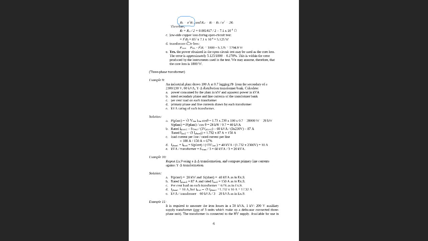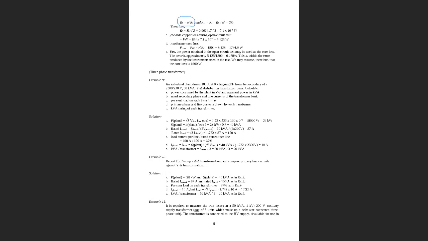But here we estimate the lower side copper losses during the open circuit test to see how small it is. With this secondary resistance and the open circuit test current at the lower side, we can estimate the lower side copper losses during the open circuit test.